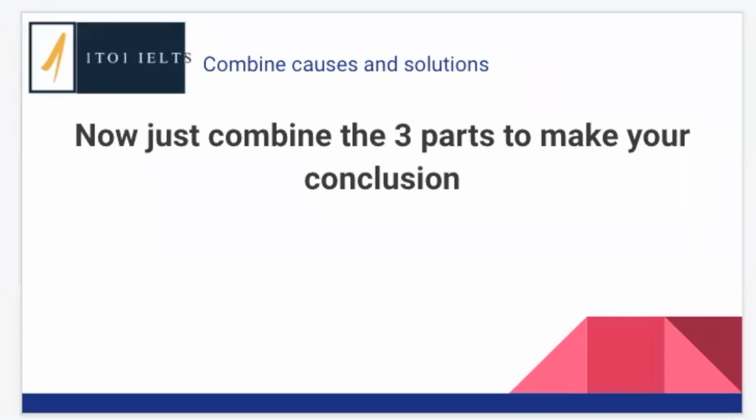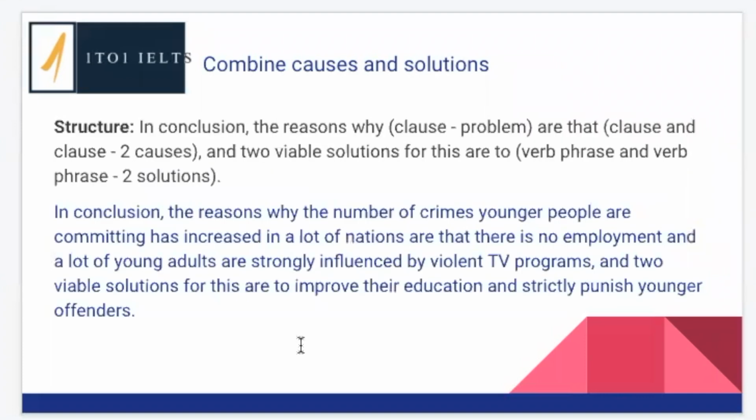So one example of this would be this conclusion here. In conclusion, the reasons why, now we're going to give our problem as a clause. The number of crimes younger people are committing has increased in a lot of nations. We've got these two connecting words, "are that."